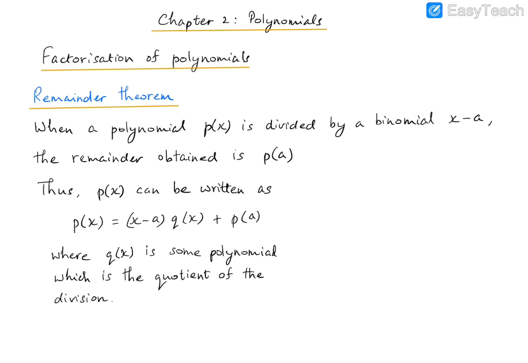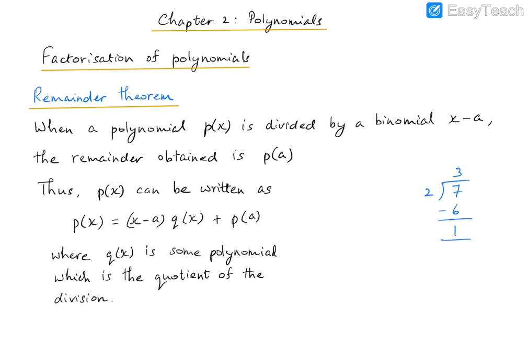So based on this, we can write the polynomial p of x as the divisor x minus a times the quotient plus the remainder. Just to illustrate this, I'll give you an example with simple numbers. Let's say I'm dividing the number 7 by the number 2. 2 goes into 7 3 times, so 2 times 3 is 6, and when we subtract, we get a remainder of 1.